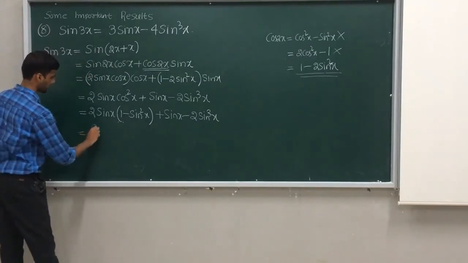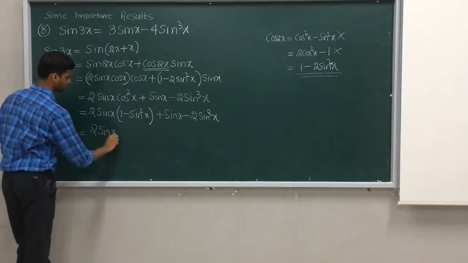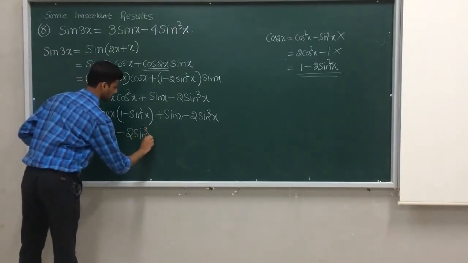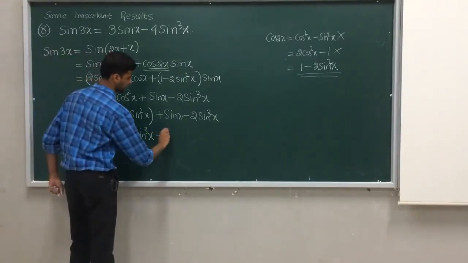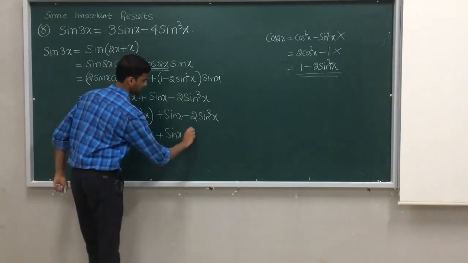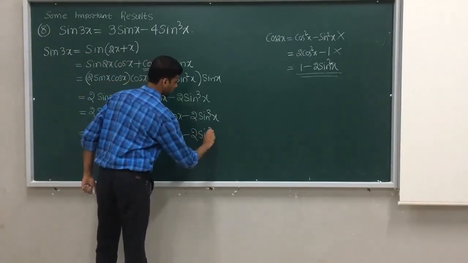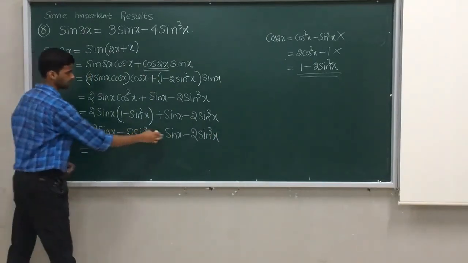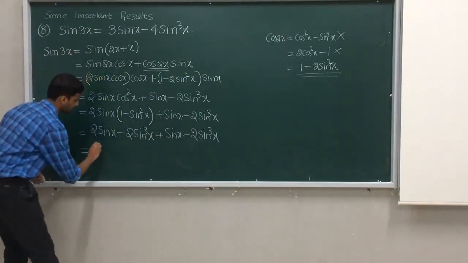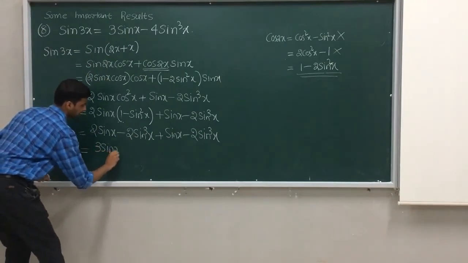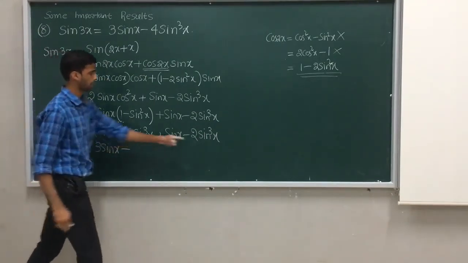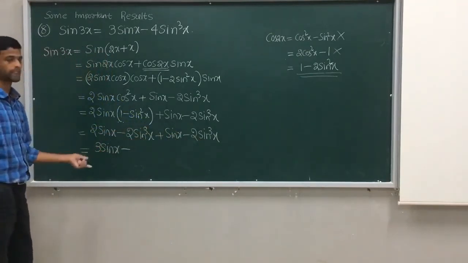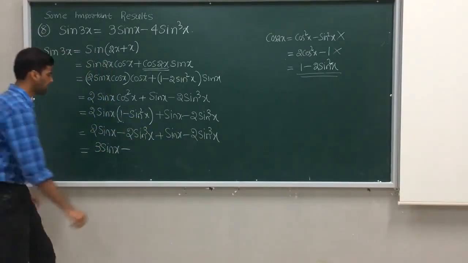Then you multiply, that is 2 sin x minus 2 times sin cube x plus sin x minus 2 times sin cube x. Hope you understood. Then 2 sin x plus sin x, that is 3 sin x, minus 2 sin cube x minus 2 sin cube x. It is nothing but 2 times of 2 sin cube x, which is 4 sin cube x.